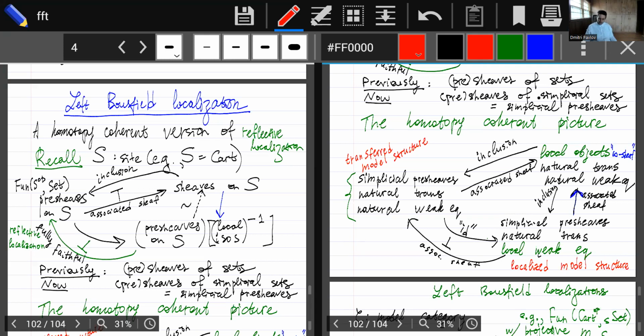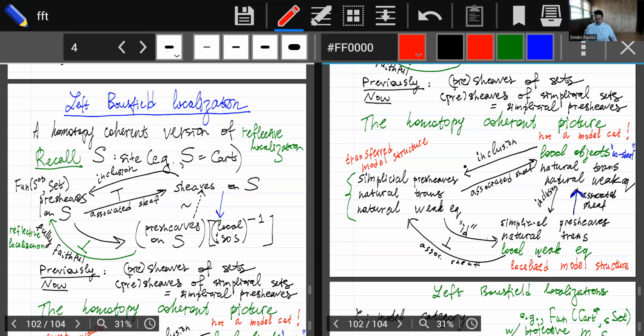And the upper right corner will not be a model category. This is just a relative category. It's a subcategory of the model category with the transferred model structure, or if you prefer the localized model structure, and includes into both.